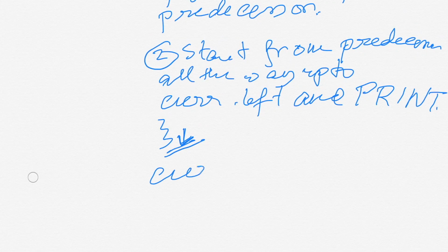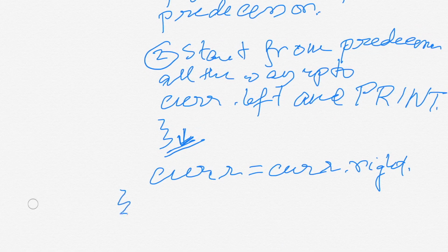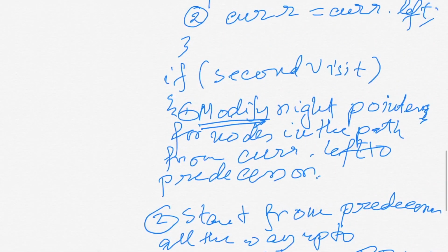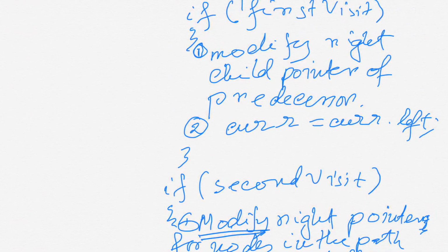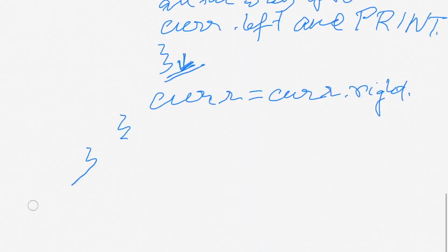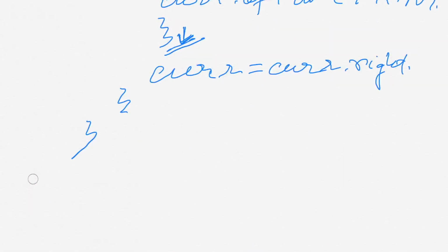So now just move on to the right subtree. And this while loop will go on till the time the current node is not equal to null.